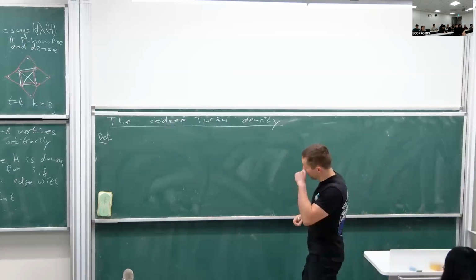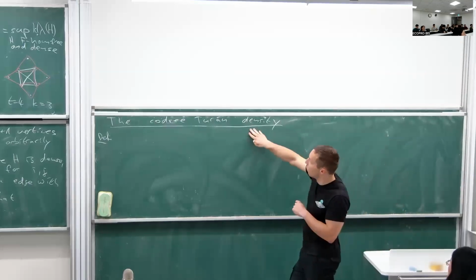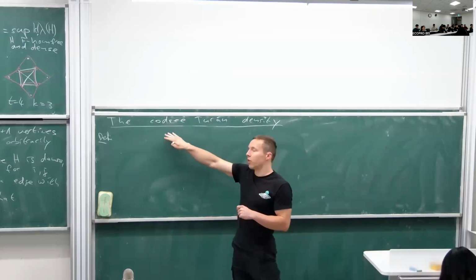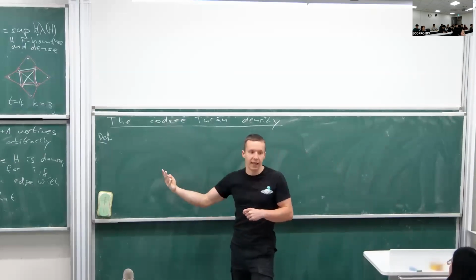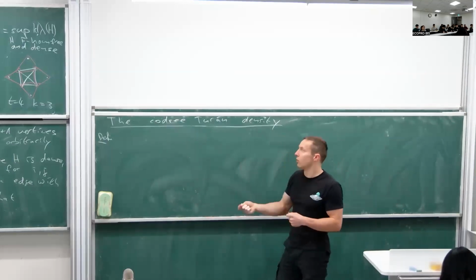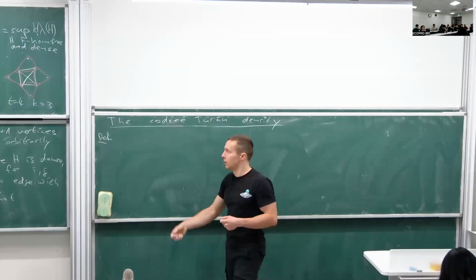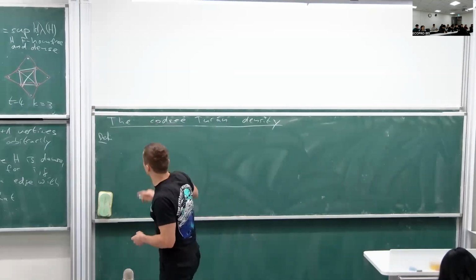And here we also want to ask for the threshold above which we contain a certain subgraph, but that threshold should be in the minimum codegree. So first, let's say what the codegree is.